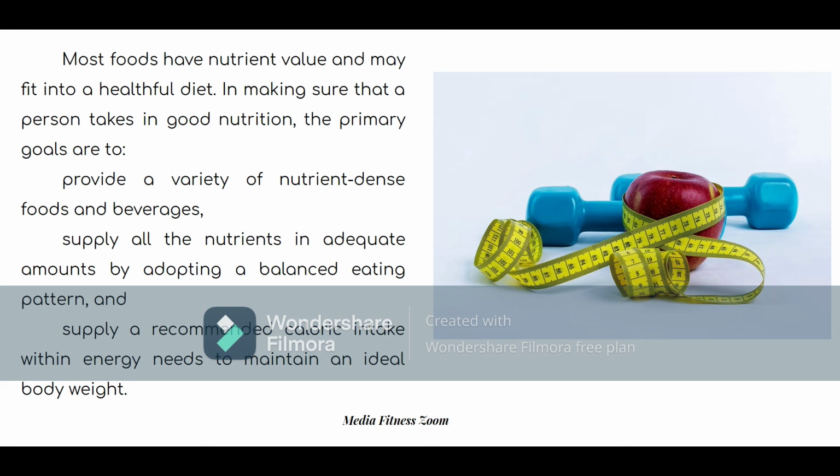And thirdly, to supply recommended caloric intake within energy needs to maintain an ideal body weight. So these three main points give us a general orientation on how to manage our healthy diet.